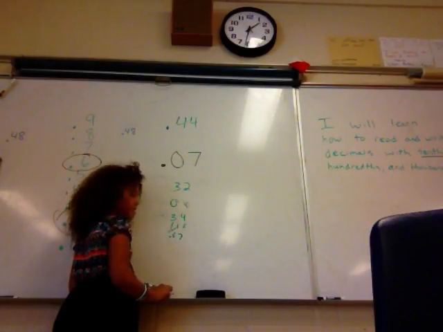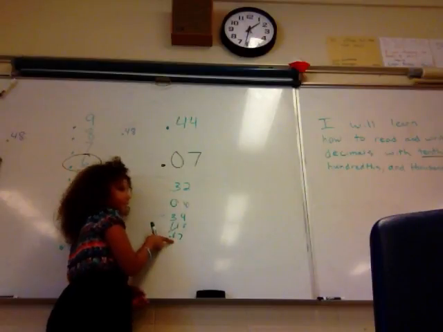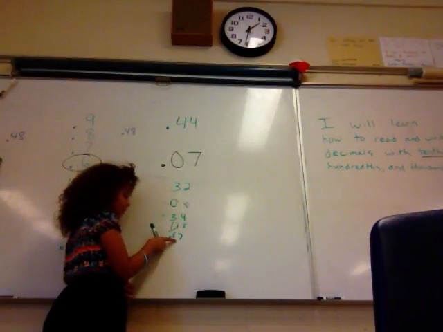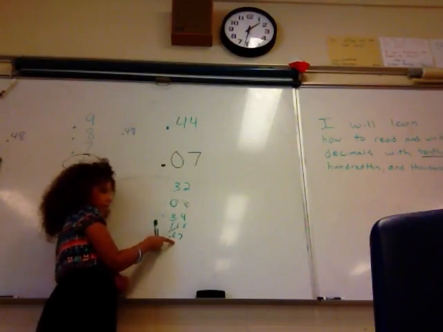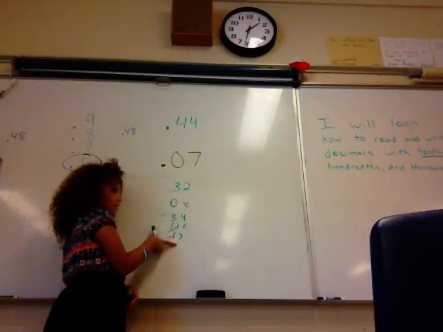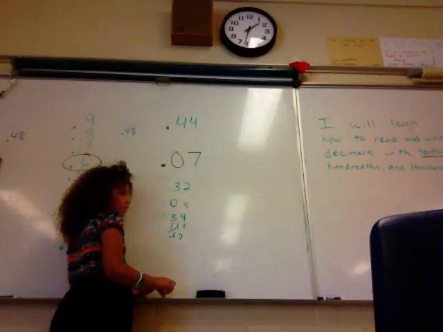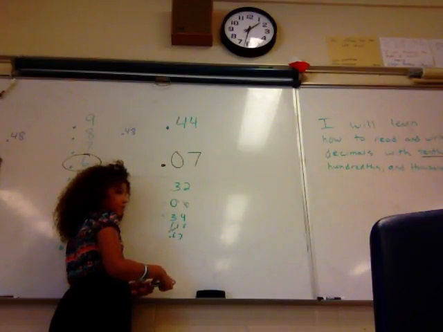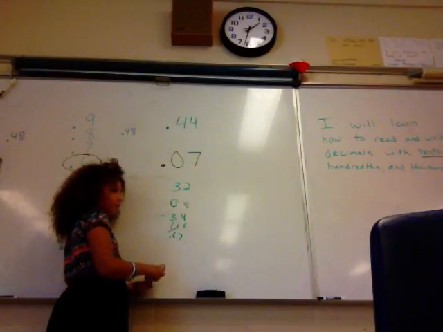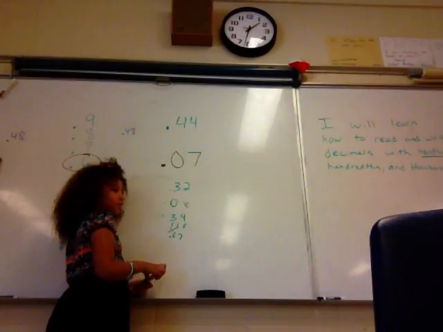Now what's that number? Read that number. 67. What are we doing? We're not doing tenths, we're doing... What did we talk about by your paper? 67.